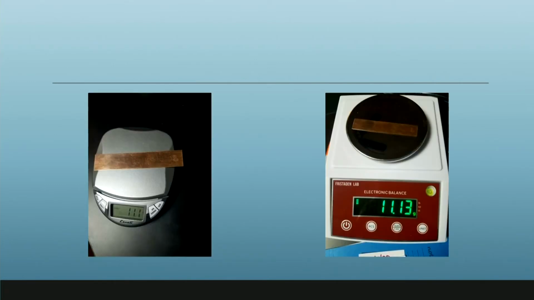So we see that piece of copper that I had on the left-hand side, I got 11.1. So that is a total of 3 sig figs. On the right-hand side, I have 11.13, and that's going to give me a total of 4 sig figs. So the scale on the right-hand side is going to give me more precision.